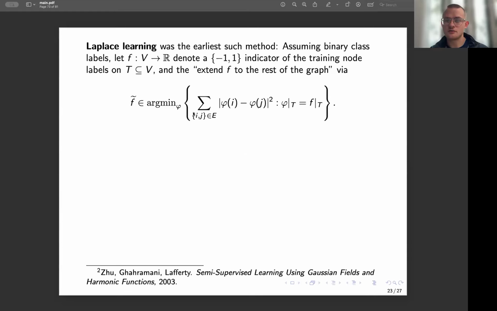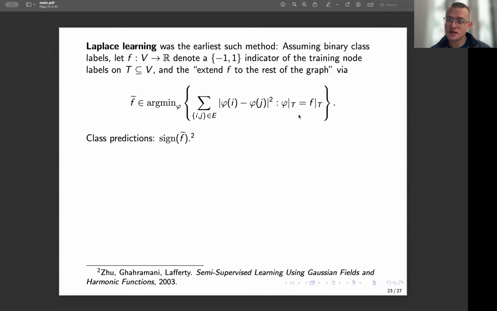And so we have this familiar quantity here where I look at potentials phi that have a minimum in this sort of quadratic energy functional over phi whose restrictions to the training nodes agree with the training labels f. So I'm just trying to take this limited amount of information and extend it in a way that has minimal, let's say, quadratic energy, or if you want to use the H1 terminology, minimum H1 norm. And you can then obtain class predictions from this minimizer, f tilde, by just looking at its sign.